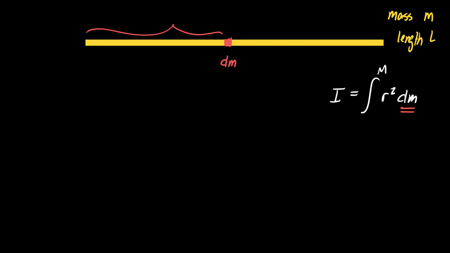Since this is one-dimensional, I'm just going to use a one-dimensional variable. I think I can point to every piece of the object using nothing more than a distance. Does that make sense? Because it's one-dimensional. So in my head, I'm thinking the first piece is at 0, and the last piece is at L. And so x can be any number between 0 and L, because that's where every piece of my object is.